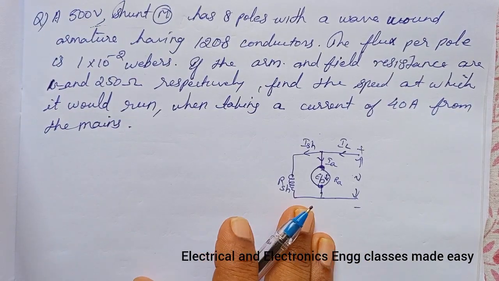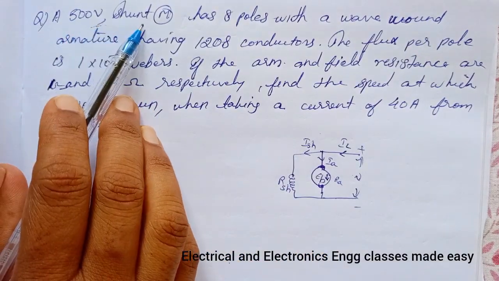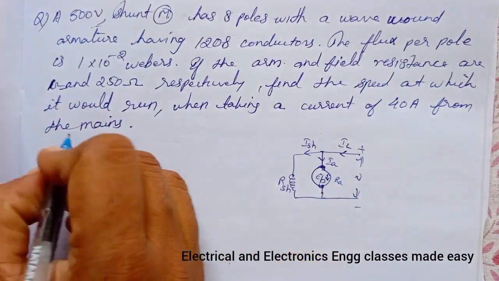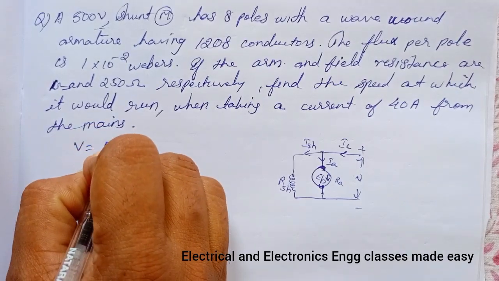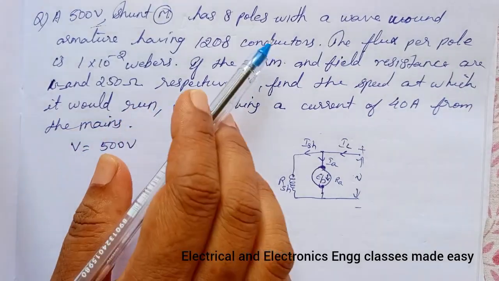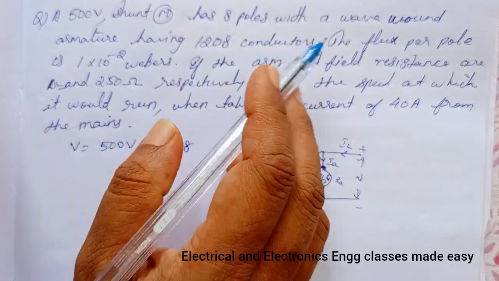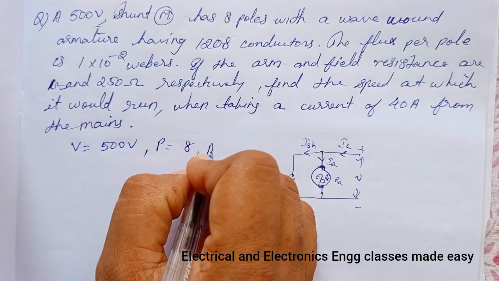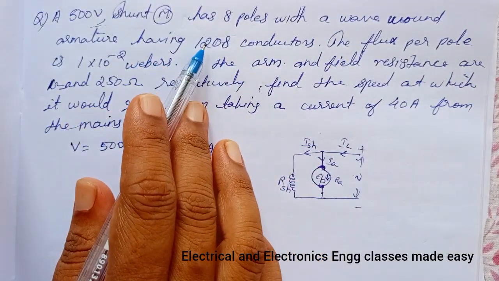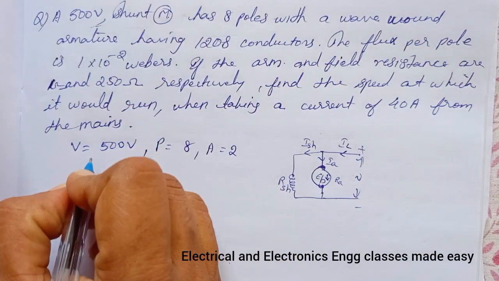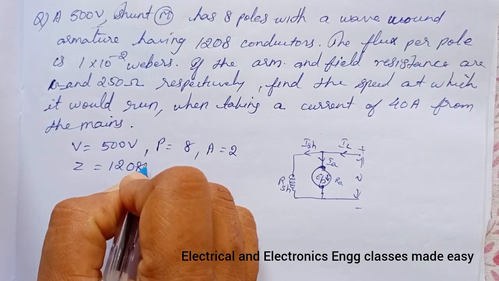So this is the diagram of a shunt motor and the given data are 500 volt. That means the supply voltage is 500 volt. Then 8 poles, that is P is equal to 8. Then wave wound, so the number of parallel paths is equal to 2. Then having 1208 conductors, so Z is given as 1208.